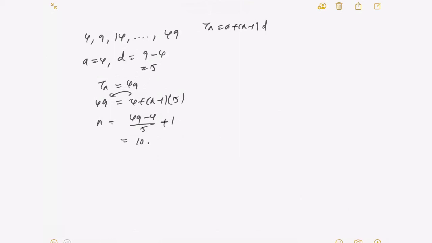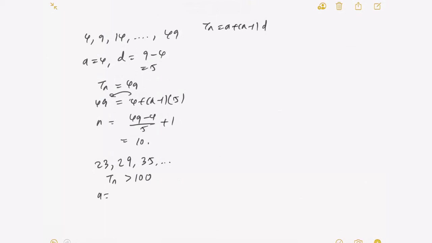Okay. Now, sometimes they may give you a number sequence, like, okay, I just give you generally, let's say 23, 29, 35, all the way. Now, I need to find the first term that is more than 100.